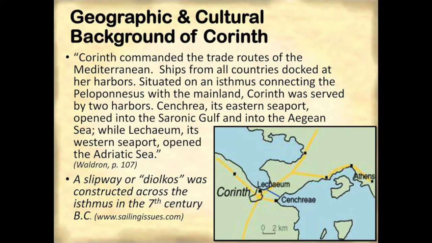Corinth was a major port city in the ancient world. That is why commerce and business flourished very much. In fact, Corinth had two major harbors or ports, which made Corinth extremely wealthy.